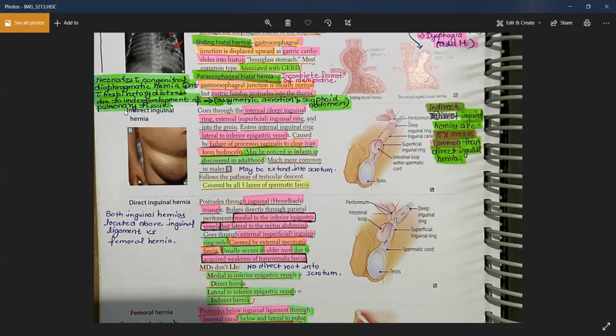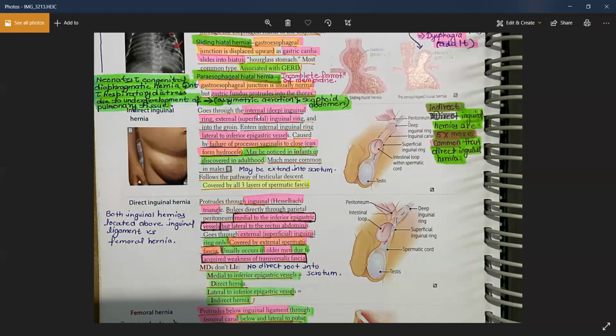They will pass first through the deep inguinal ring, and it happens because of a laxity in the inguinal ring only. Whenever the deep inguinal ring becomes very weak, the abdominal contents can easily herniate into the inguinal canal through this inguinal ring. So first they need to pass through the deep inguinal ring.